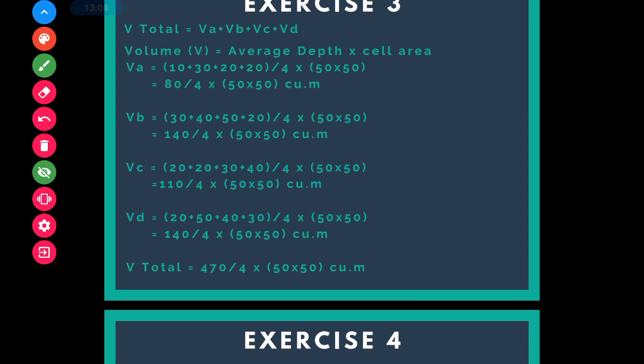So just a simple example here, you determine VA, you determine VB, you need to determine VC and VD. After that, you sum up to get the total volume here.